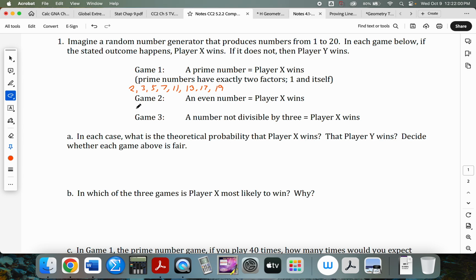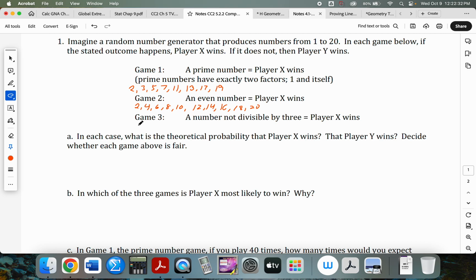All right, so even numbers, this should be a little easier. What are the even numbers between 2 and 20? 2, 4, 6, 8, 10, 12, 14, 16, 18, 20. Exactly. And then let's do numbers that are not divisible by 3. How about 1?